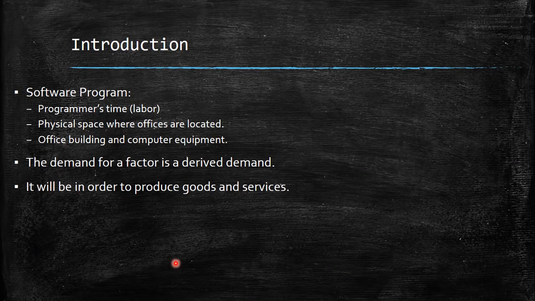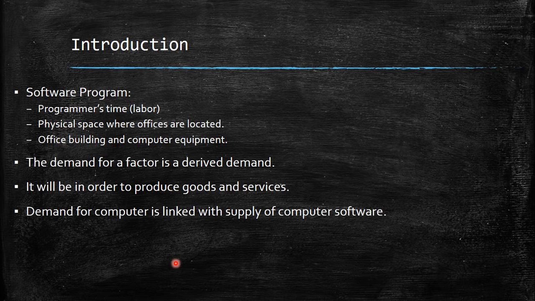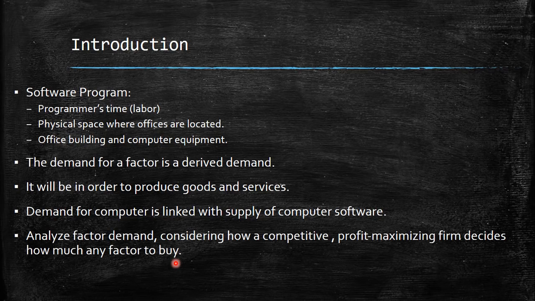Those are the necessary ingredients to produce goods and services. So the demand for a computer programmer is linked with the supply of computer software. This is the main characteristic.